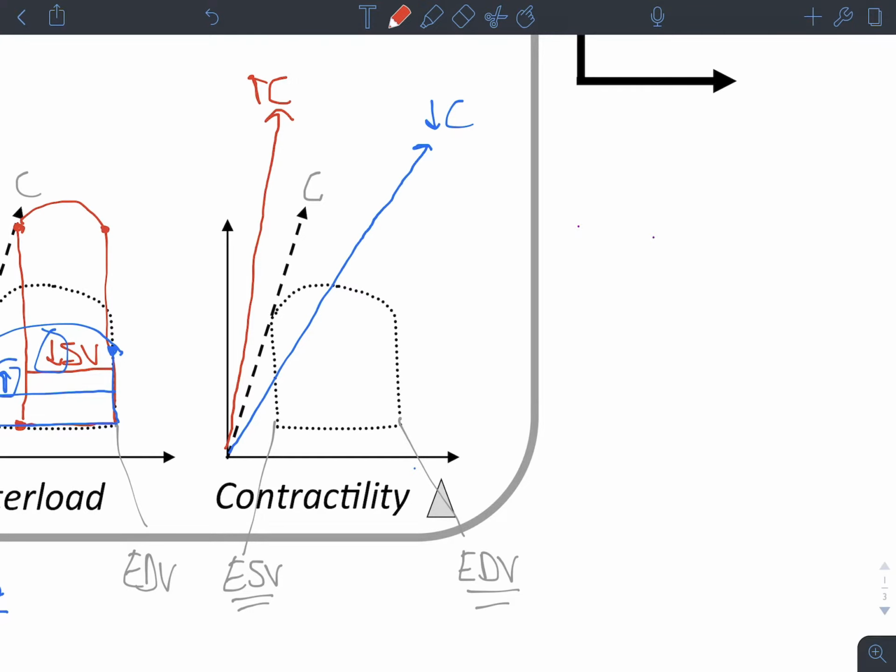So I'm going to draw the beginning over here, shift, and EDV should stay the same. So my line is going to look like this. This should come up and meet my new contractility line. I'm going to meet it over here. Put ejection fraction here. Boom. So now the amount of stroke volume has also increased.